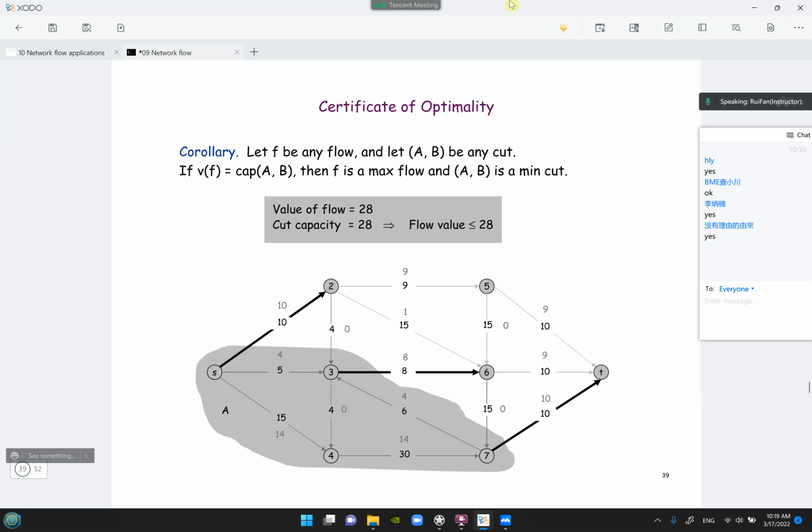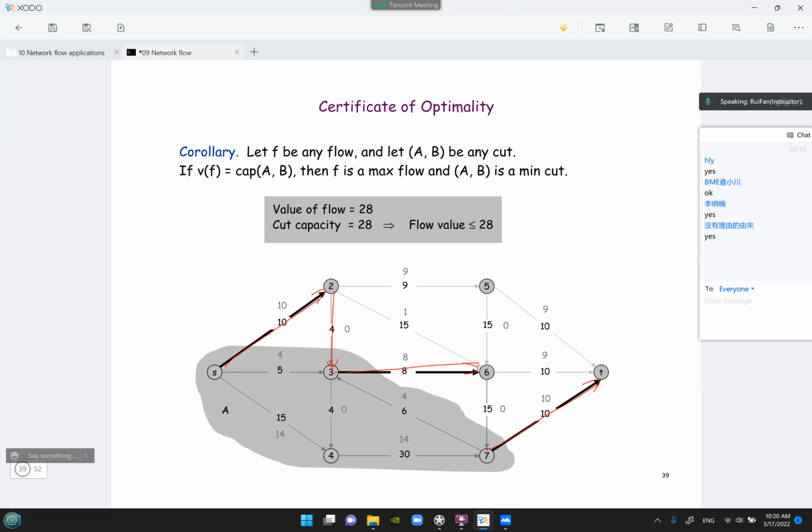When it crosses, it has to go through one of the edges in the cut, either this edge or that edge or this edge. So all the flow has to go through those edges, and it's not going to go through any of these back edges from B back to A.